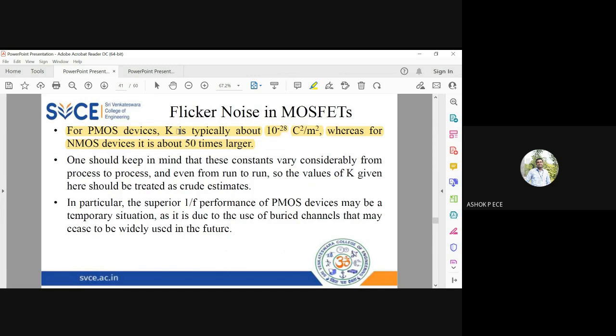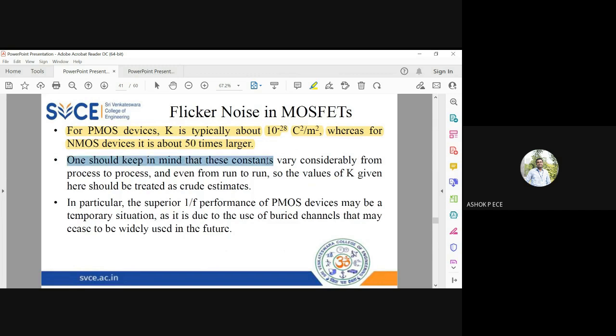So one thing that is clear is that a PMOS device will have superior performance over an NMOS device. When it comes to flicker noise, PMOS will perform better than NMOS because its K value is much less. For PMOS, the K value is 10 power minus 28; for NMOS, it is 50 times larger, so the noise power will also be 50 times larger.